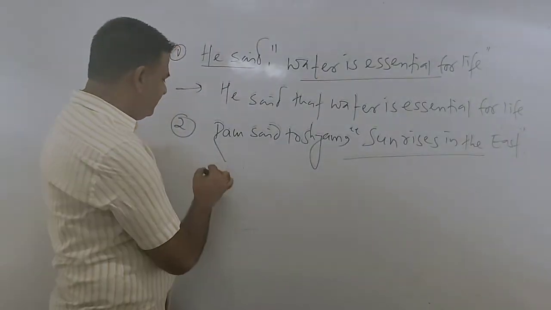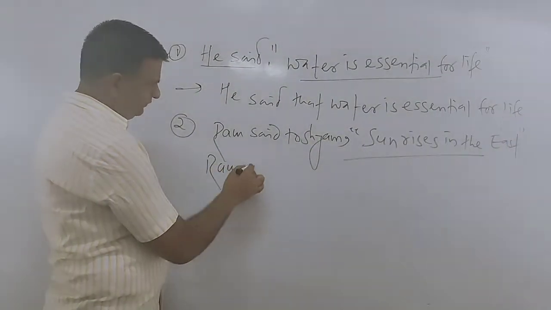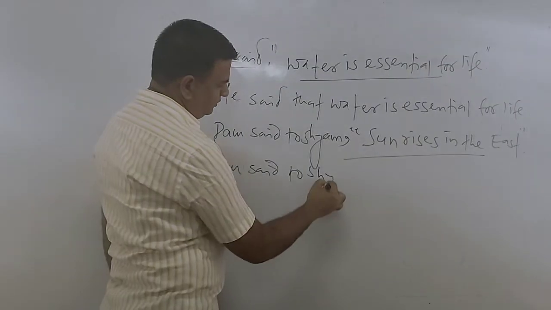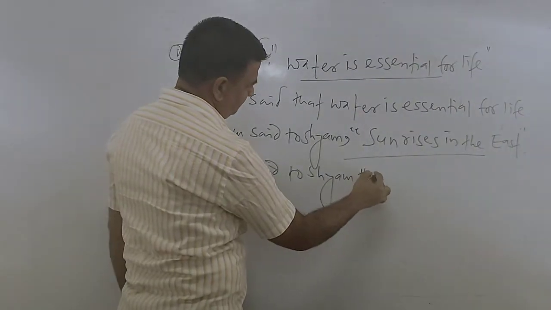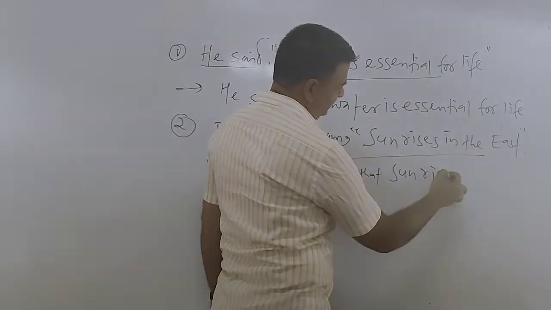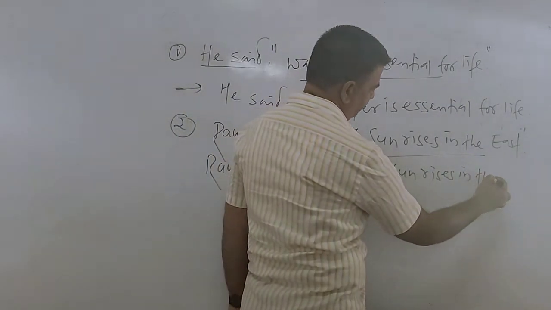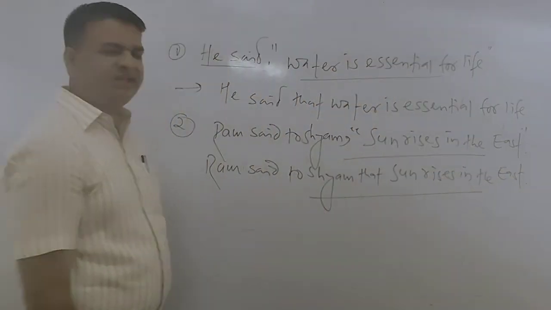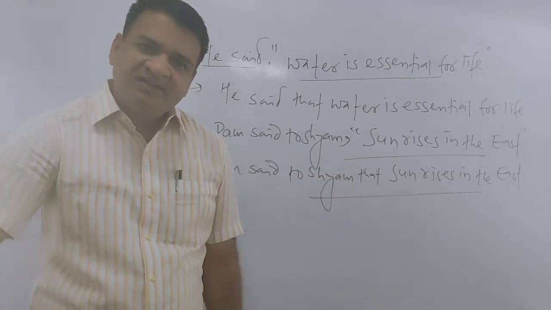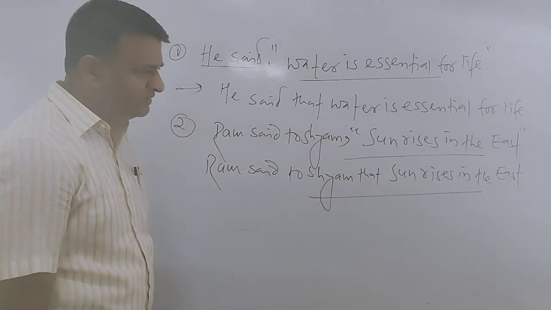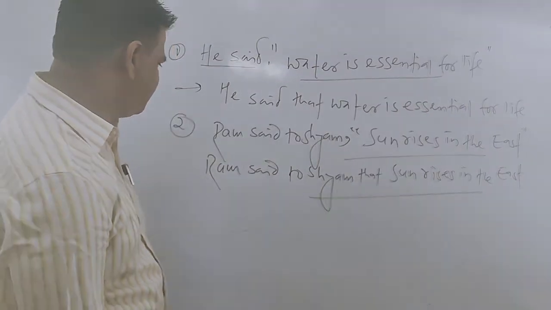We simply say, Ram said to Shyam that the sentence remains as it is: sun rises in the east. We couldn't bring any change in the sentence and it remains as it is. Ram said to Shyam that sun rises in the east.